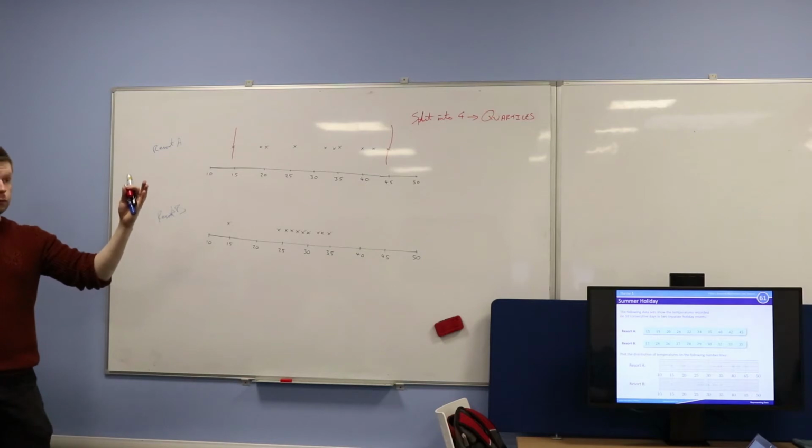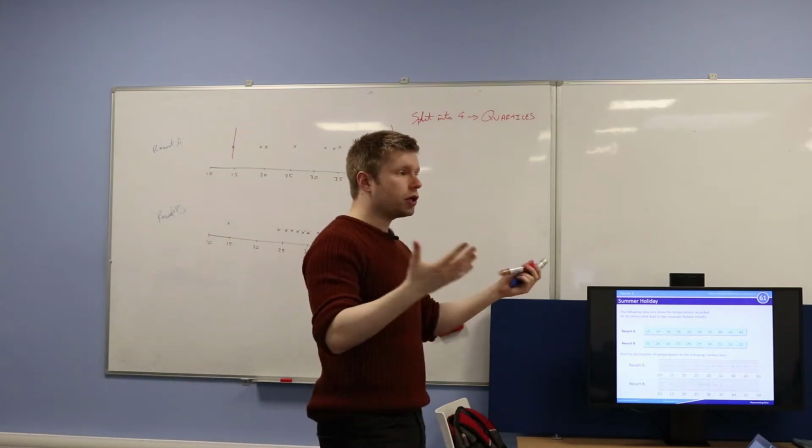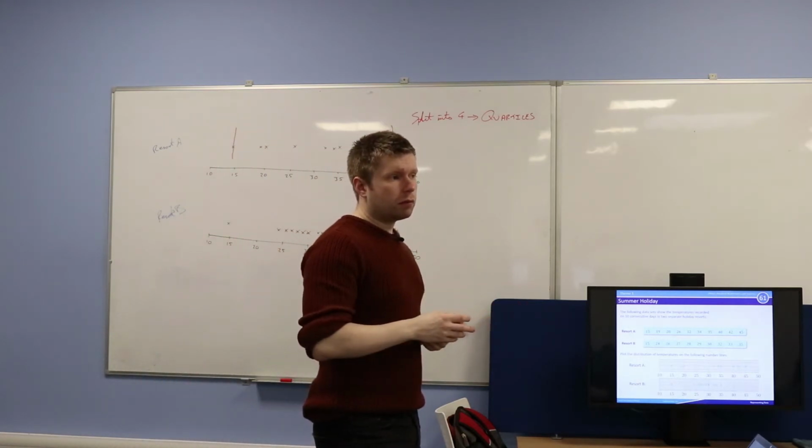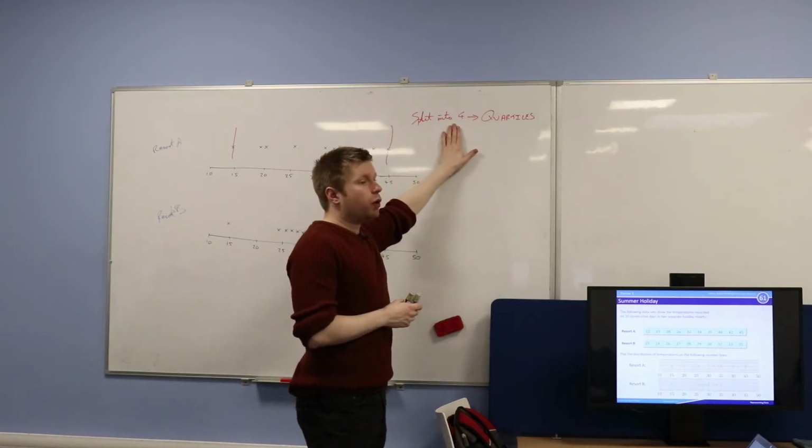Does that make sense? Why divide it by 4, not 6? You could divide it by 6 if you wanted to, but I'm just going for 4. Is there a generalization? Not particularly. You can split it into whatever you like, even 1,000 if you wanted to, depending on the amount of data you have. But splitting the data into 4 seems reasonable, because then you can look at 25%, at quarters. You could split it into 6s, 7s, 8s, 9s, whatever you wanted.